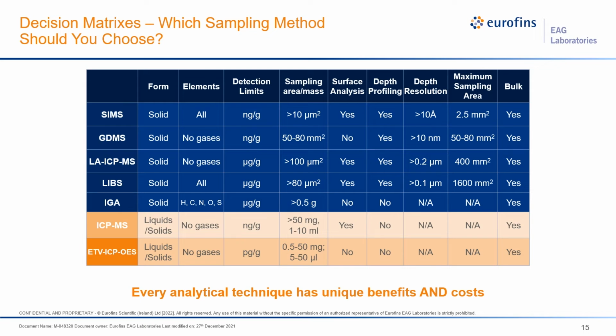Conversely, LIBS, which is also a solid sampling technique with quite a small sampling footprint, can be used to generate much larger sample maps up to 1600 millimeters squared in area. And finally, another example is ETV ICP-OES, which is really the only technique that can measure concentrations in extremely small amounts of sample down to PPT levels.